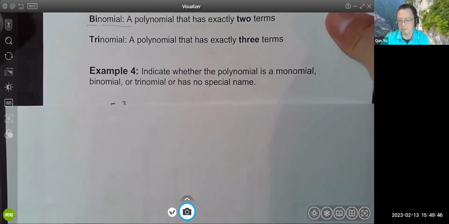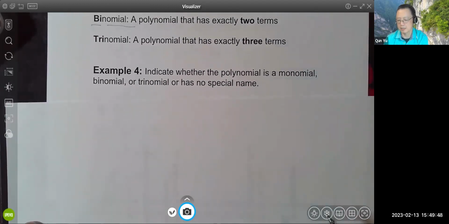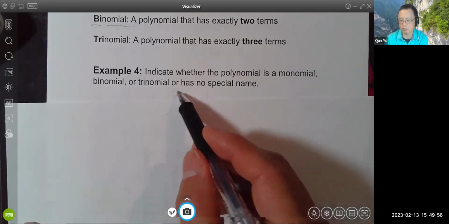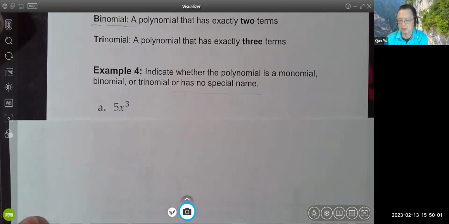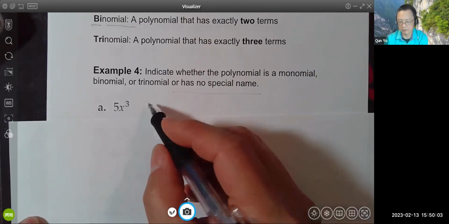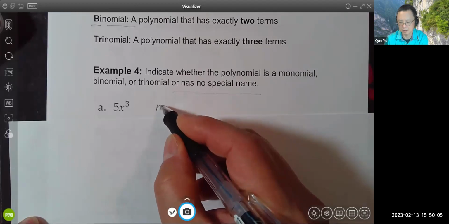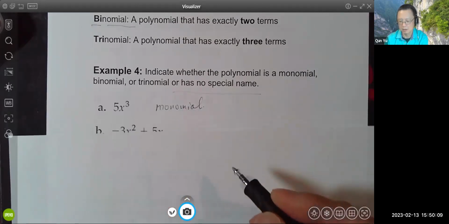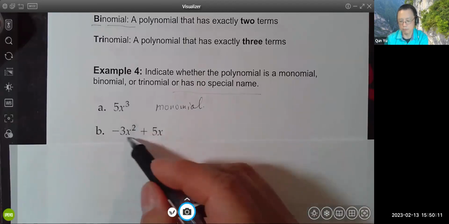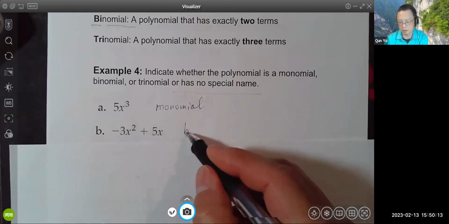Okay, example 4: indicate whether the polynomial is a monomial, binomial, trinomial, or has no special name. So when we have more than 3 terms, they don't have special names. Apparently, monomial, only one term. And binomial, we have 2 terms. This is called a binomial.